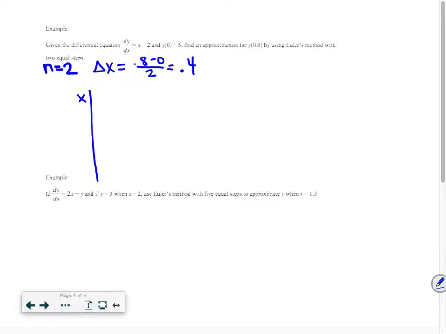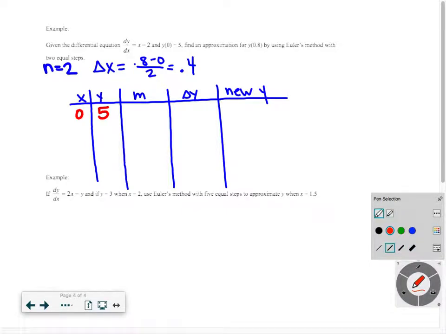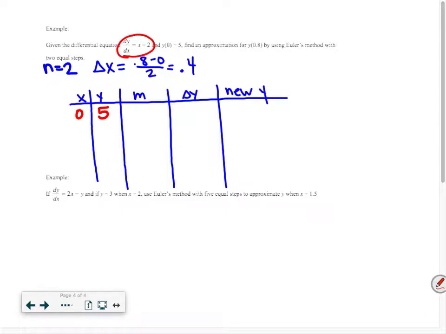Now we're going to fill out our chart: x, y, slope, delta y, new y. We begin at 0, 5. When we go up here to our differential equation, what is our slope?